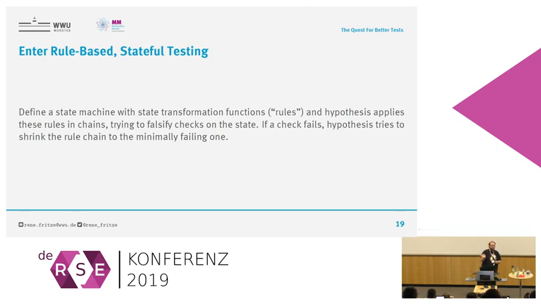And the library will combine transfer functions in every which way, generate inputs, and strategies like you defined, and will try to fail your test. And if it finds a failure, it will try to shrink the sequence of input it generated to the minimal one where the test still fails.